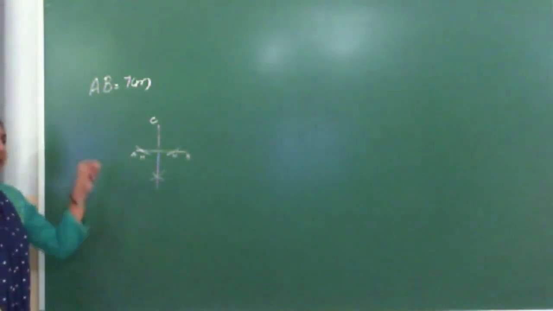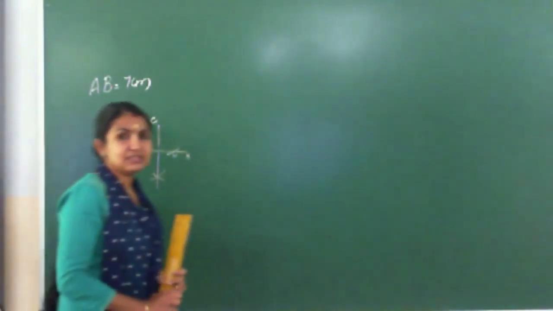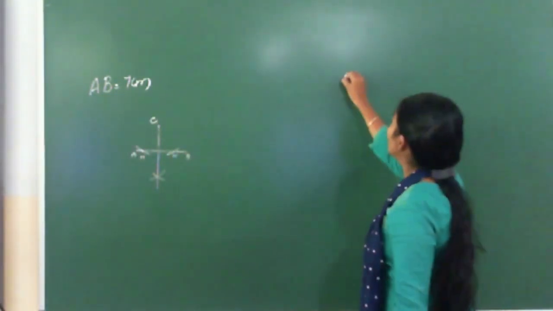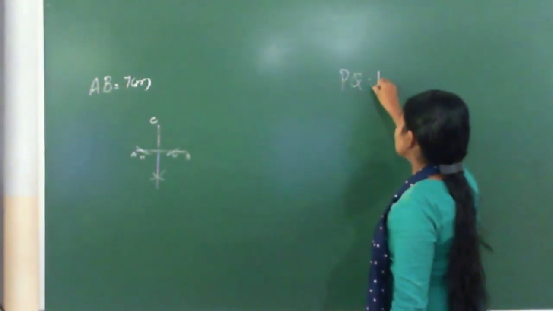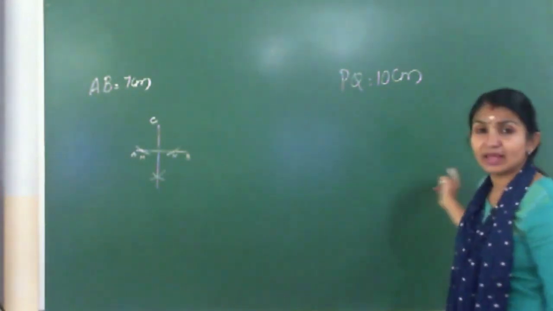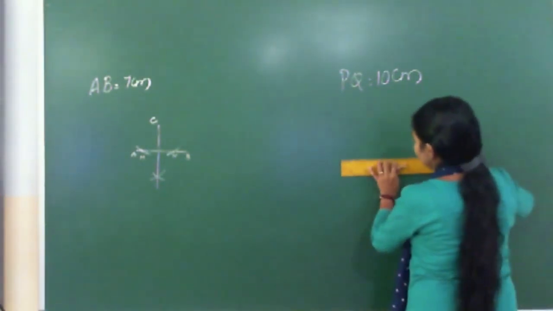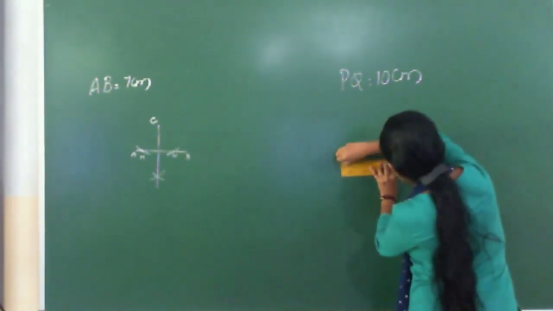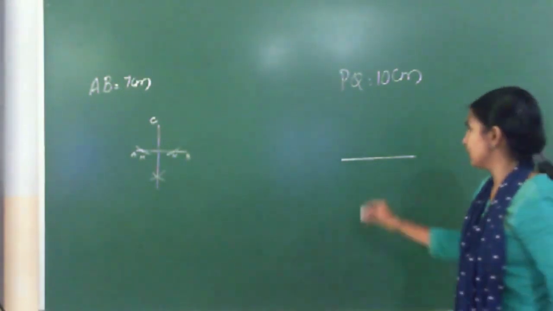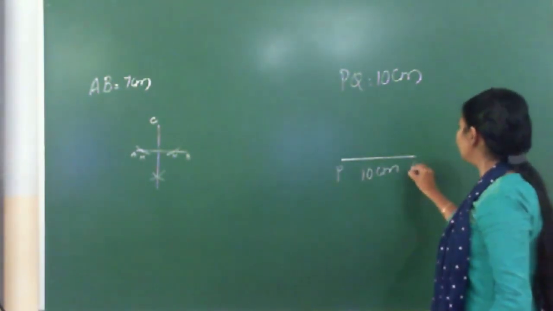Now, the next one is how we can draw a perpendicular on a line. The point lies on this line, which means first we construct a line segment of 10 centimeter and name it PQ.